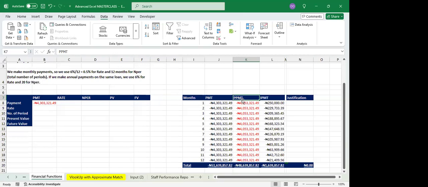To know the actual amount on that 20,000 you are paying every month, you use PPMT. To know the interest on what you are paying every month, you use IPMT, which is interest on the payment. Do you understand it now? Yes, I do. All right, thank you very much.